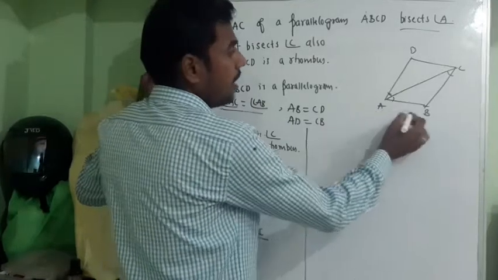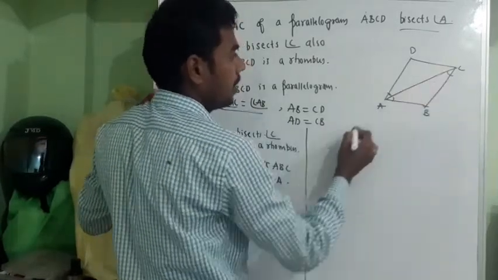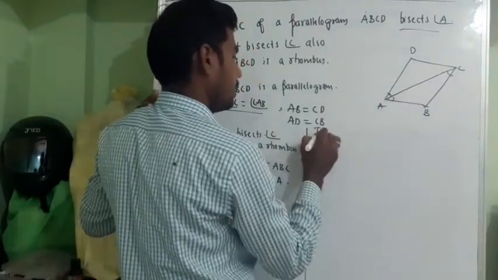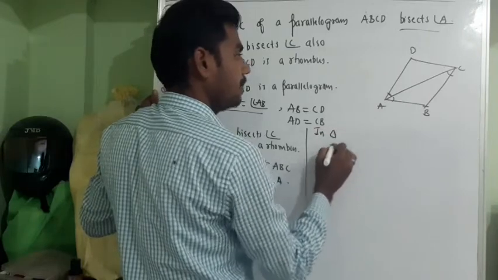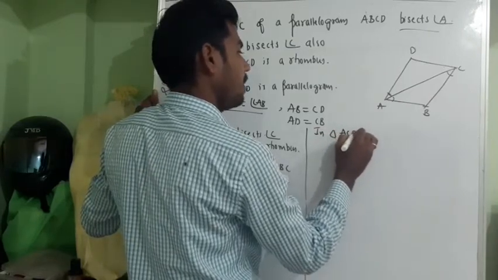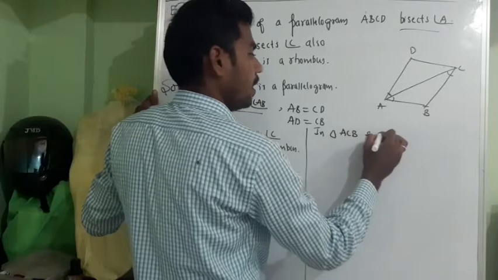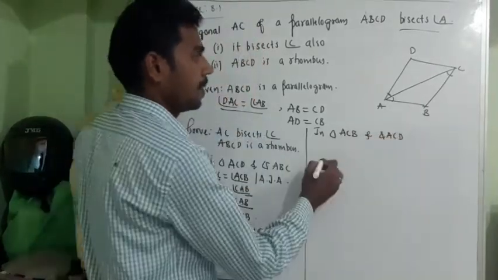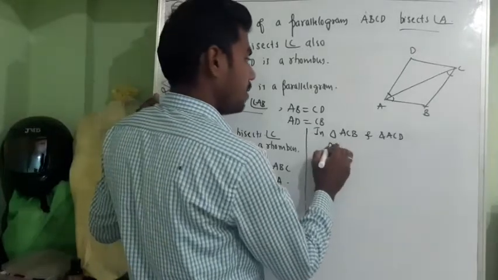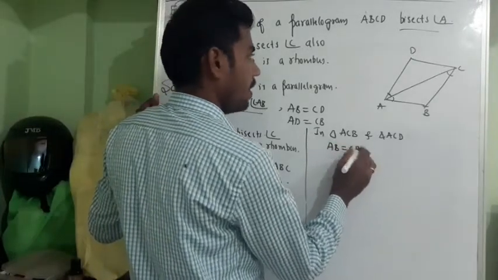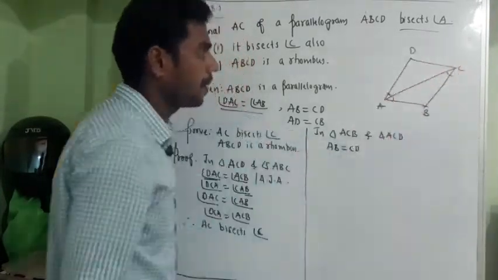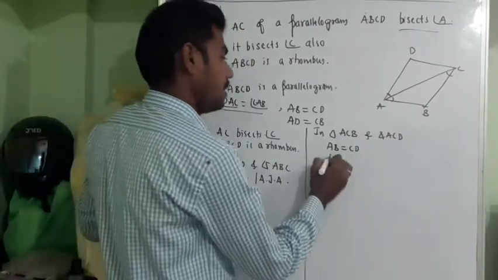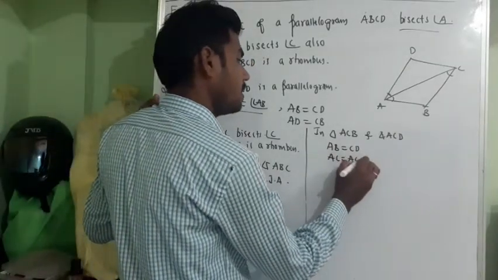So in triangle ACB and triangle ACD, AB is equal to CD, fine, and AC is equal to AC, it is a common side.